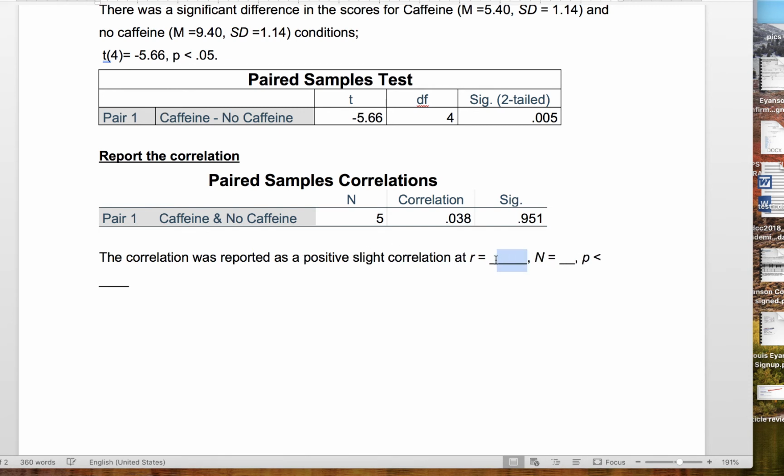N, right here, we already know from the other side, is 5. And then the P, is it greater than or less than? No, it is greater than. So we're going to change it to greater than 0.05, period. Okay, and then we're going to go down here.